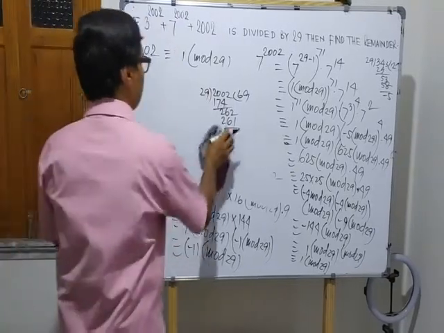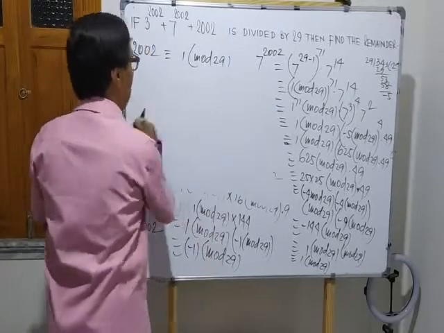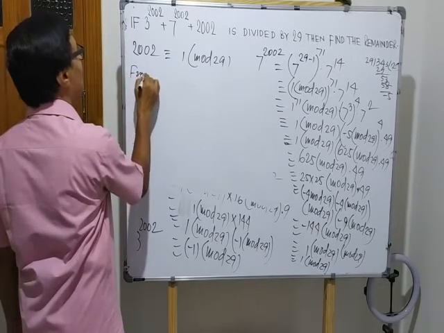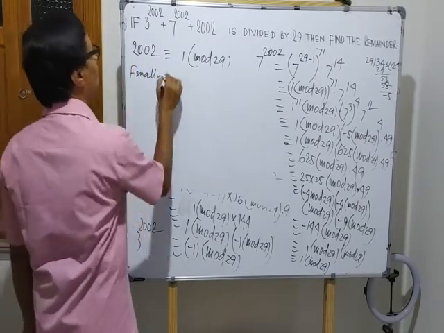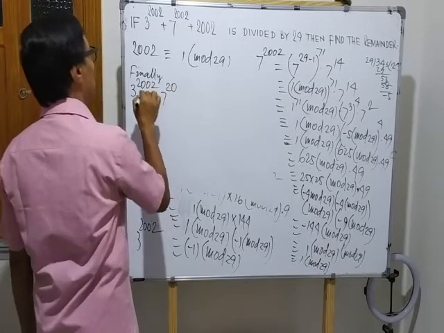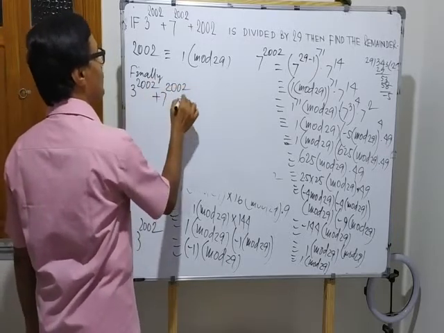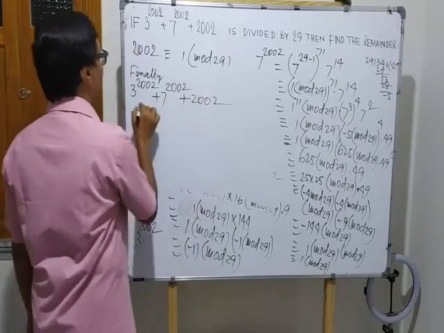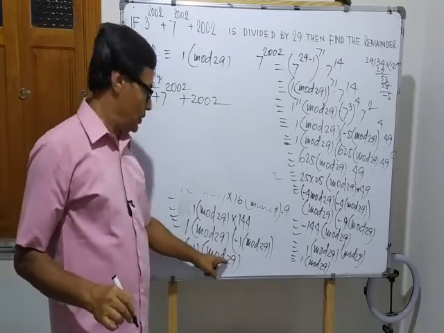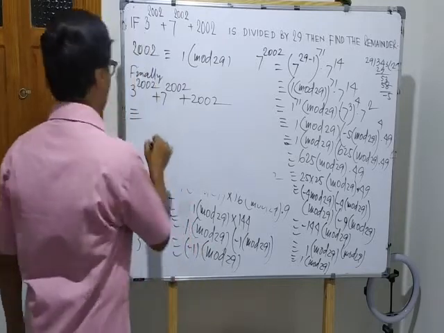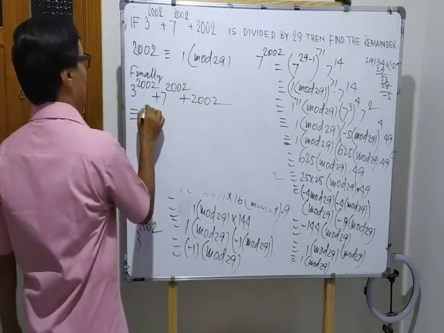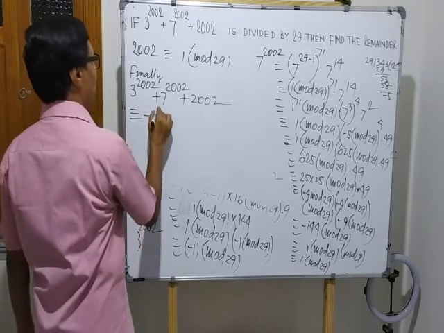Now finally, for 3 to the power 2002 plus 7 to the power 2002 plus 2002: 3 to the power 2002 is congruent to minus 1 modulo 29, we have already got this.